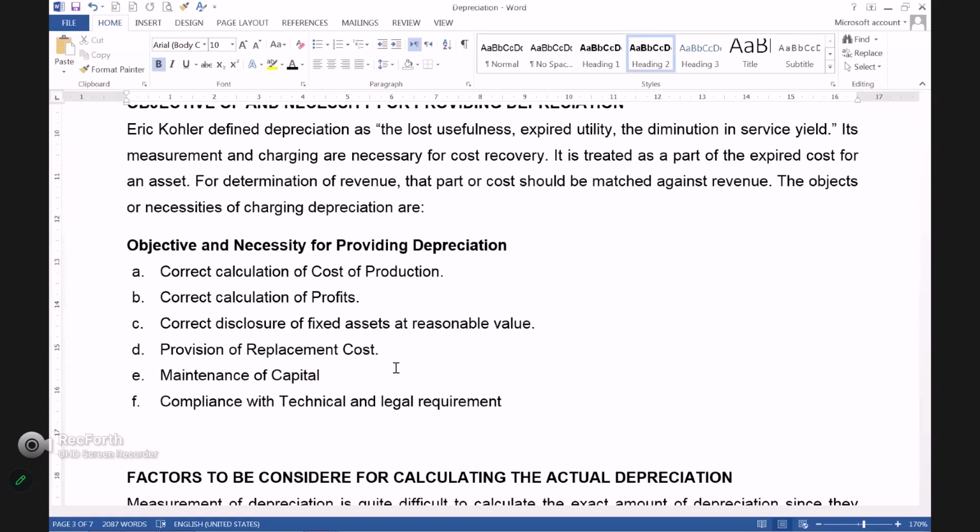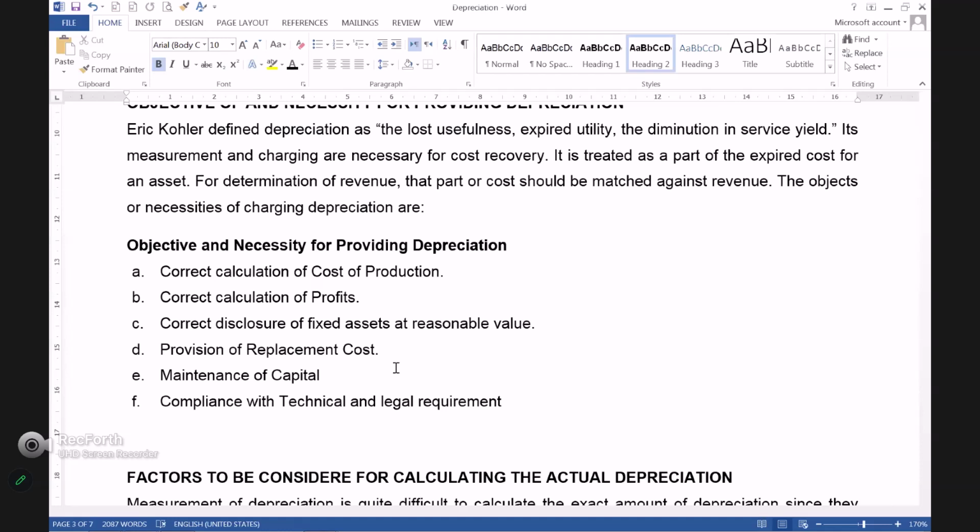You use petrol for that machinery. Sometimes some parts are depreciating, so you have to calculate those costs. Correct calculation of profit, correct disclosure of the fixed asset at a reasonable value, provision for replacement cost.